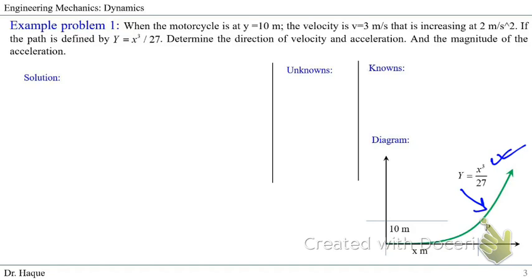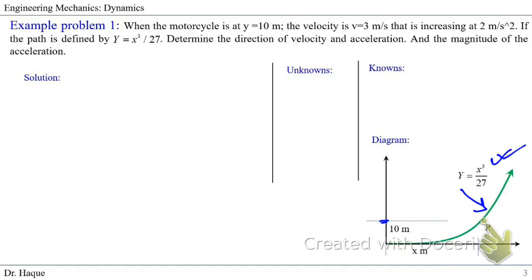It says when the motorcycle is at 10 meter, the velocity is 3 meter per second, and it's increasing at 2 meter per second square. The path of the motorcycle is y equals x cubed over 27. We're asked to determine the direction of velocity and acceleration, and also the magnitude of the acceleration.